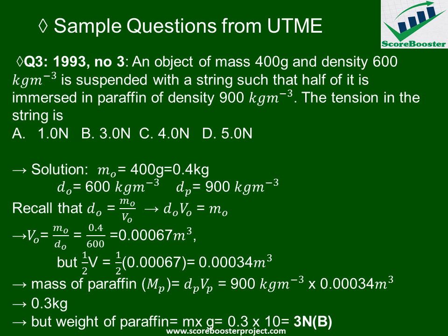Then we have to recall that the density equals mass over volume. Therefore, the density of the object dO will be equal to mass of the object mo over volume of the object pho. Then we can make the mass the subject of formula by cross multiplying to get dO pho equals mo. That is, the density of the object times volume of the object will be equal to the mass of the object.